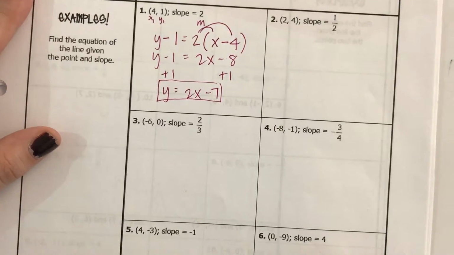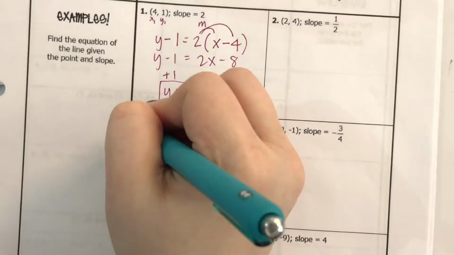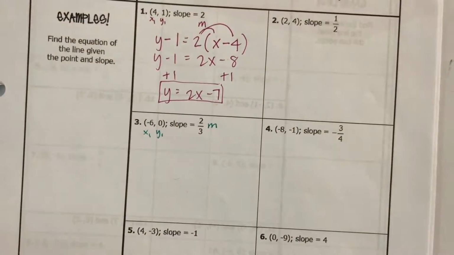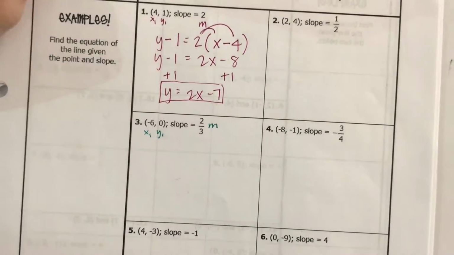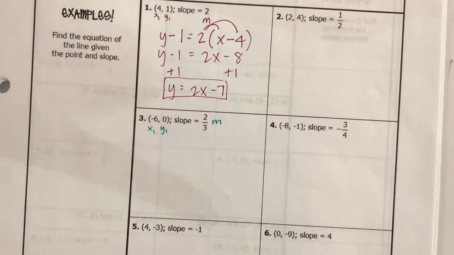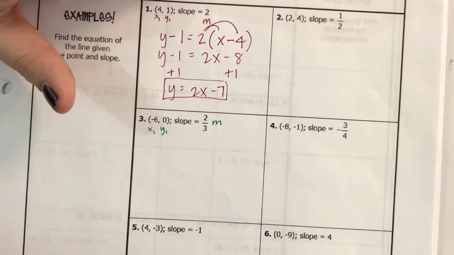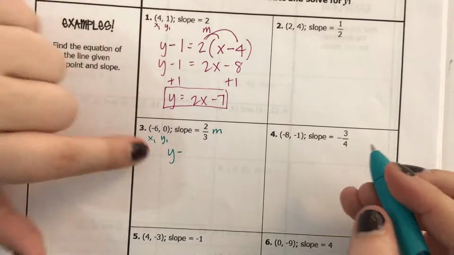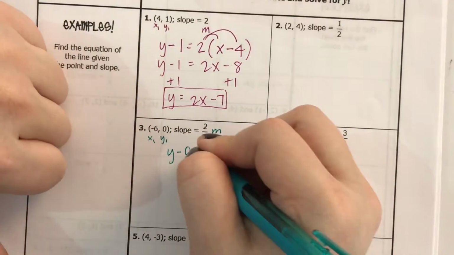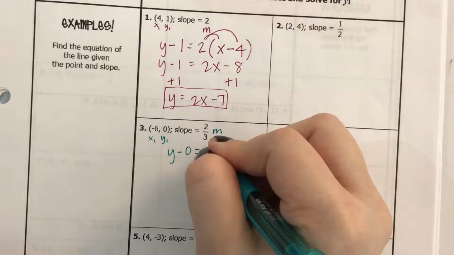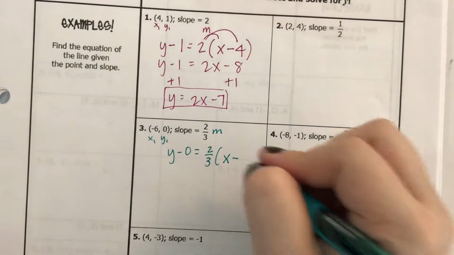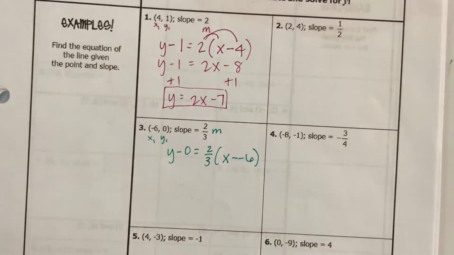Let's do another one together. So x1, y1, m. We're going to plug them in. y minus y1, which is 0, equals m, 2/3, times x minus negative 6.